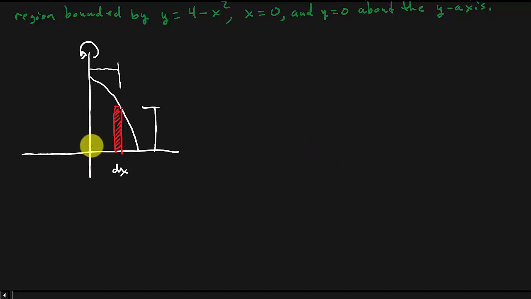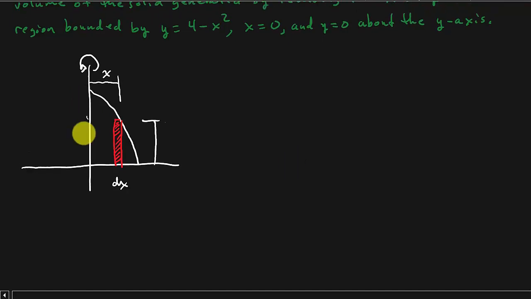So what's the distance from the axis we're revolving about to that rectangle? That's x units, right? You see that? And what's the height? Well, from here to the top, I'm going up y units. But I've got to be in terms of x.